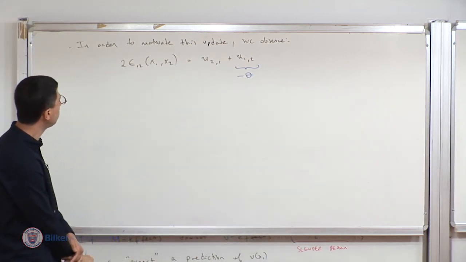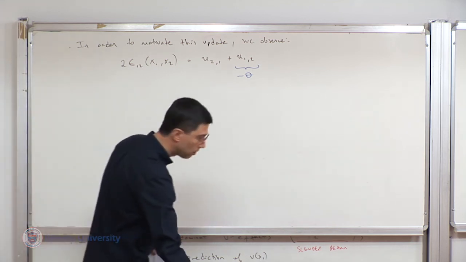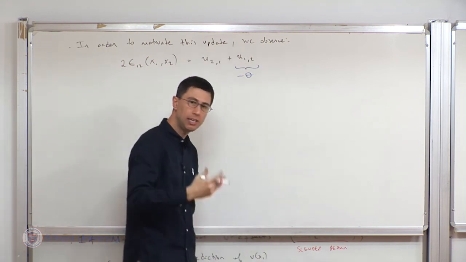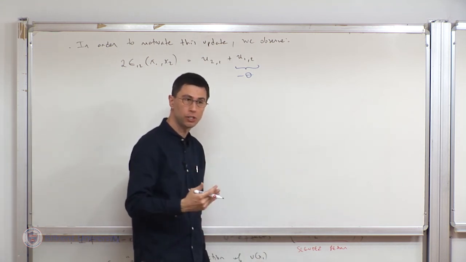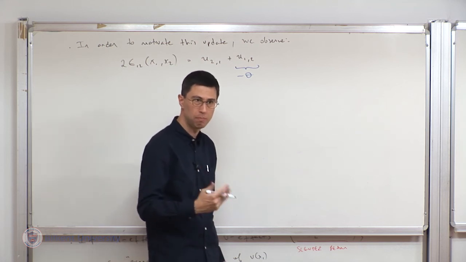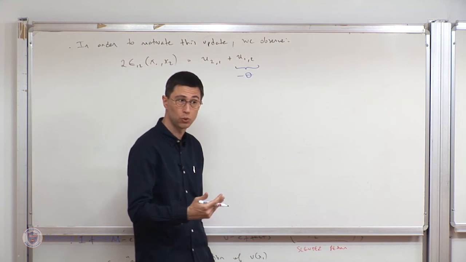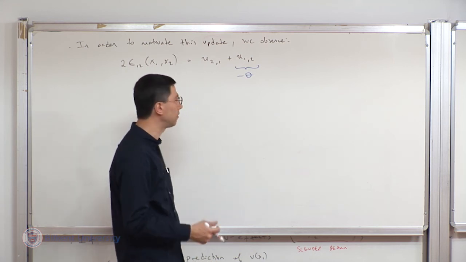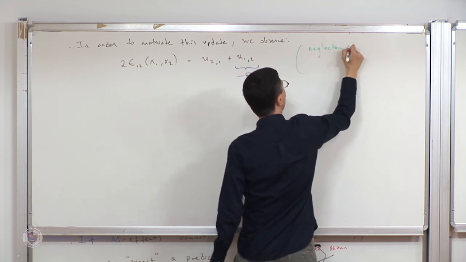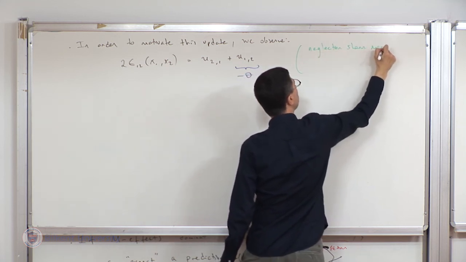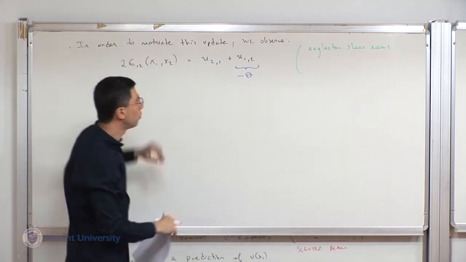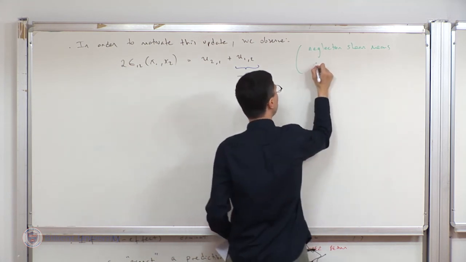Therefore, you can immediately see, by the way, that before we had neglected shear deformation, right? We are neglecting the influence of shear deformation on deflection in the context of the classical beam theory, the one that is not supposed to work if the beam is not really slender. So neglecting shear means immediately from this equation, this is approximately equal to 0. If you like, this is one interpretation.